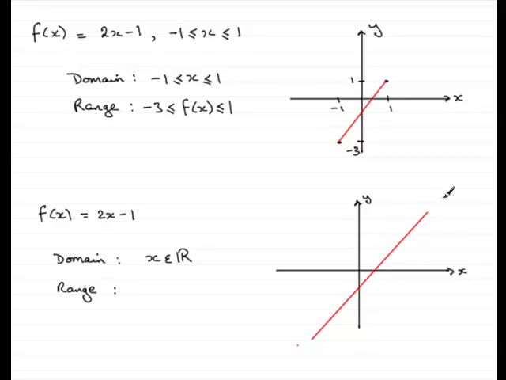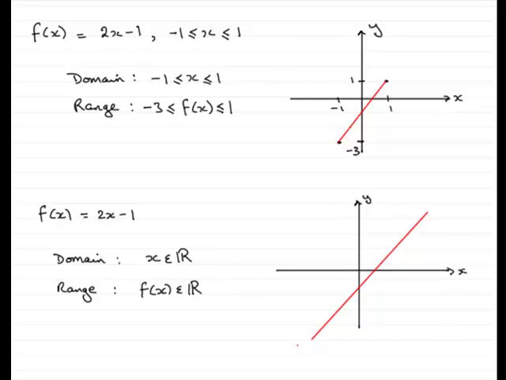Now because this line carries on up here forever and ever and down here all the time, then we're going to include all the y values going out in this direction and going down in this direction. All the y values, all the f of x values, if you like, here. So in other words, the range is also f of x is any real number, written like that.